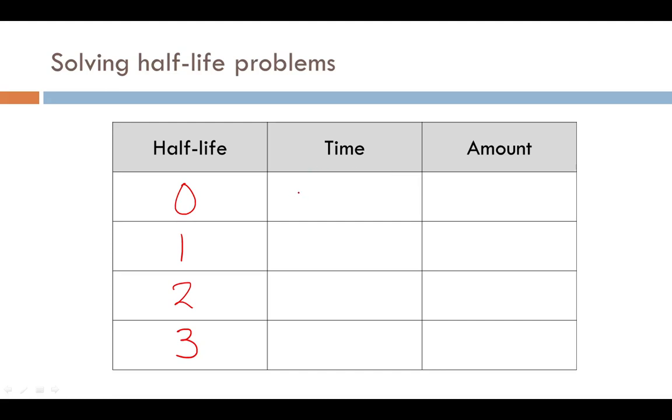And then to count up in time, we start at 0, always. Okay, really important. Sometimes students will put 1 half-life worth of time there, but you can't. You have to start at 0. And then you put in 1 half-life worth of time. Could be a second, could be several million years. 2 half-lives worth of time. 3 half-lives worth of time.